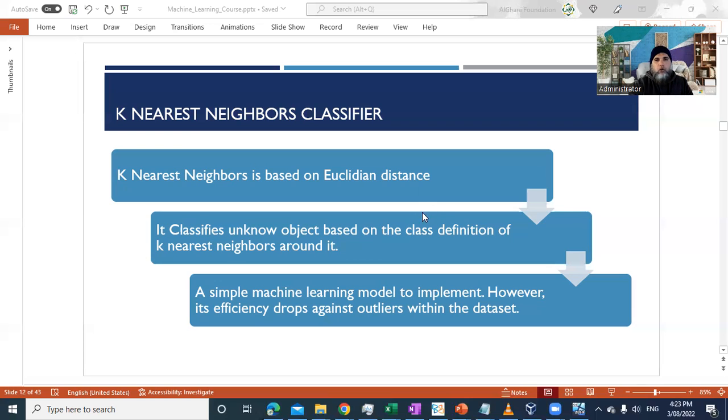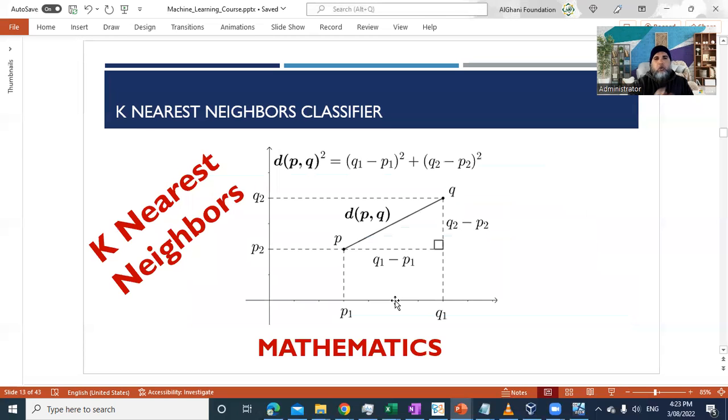All right, so coming back to the math, it is pretty easy. Like I mentioned, obviously we have a two-dimensional space. You can see we have one point that we call P, and the other point we call Q. Now, for the distance between P and Q, if we draw on the two planes, we are going to have the X plane and the Y plane.